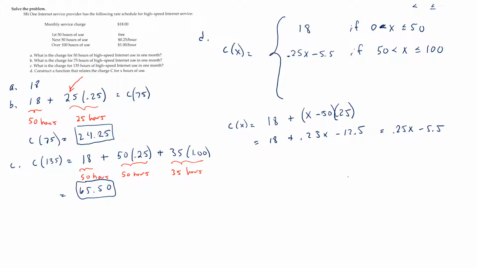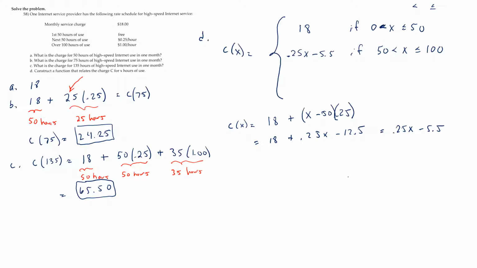One way to check that answer is we could plug 75 into that expression and make sure I get the answer to part B. Let me try that. 0.25 times 75 minus 5.5. Oops, I forgot to add the 18. No, I added the 18 on there. It looks like I have an error right here.